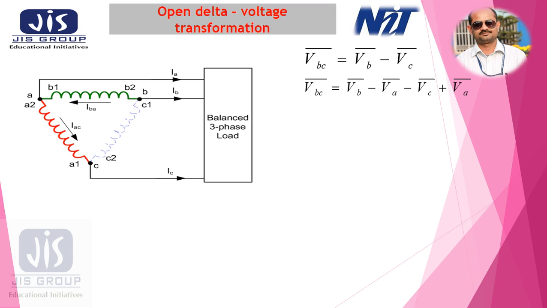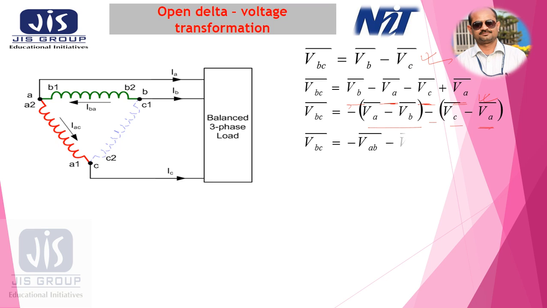So VBC equals VB minus VC. So you can write it down, VB minus VA minus VC plus VA. The VA cancel each other, and we will get this equation. So VBC equals, if we take the minus sign common, VA minus VB minus VC minus VA.